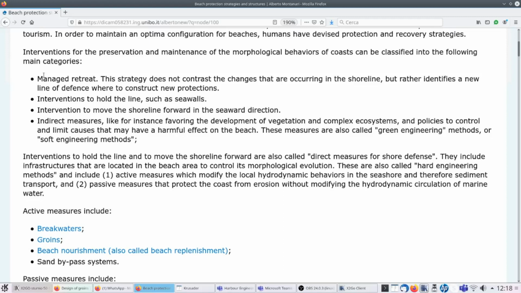When you involve stakeholders, you will get a group of people who are in favor of hard infrastructures, and other groups of people who will be in favor of green engineering. It depends on their interest and their attitude to safeguard common and public goods.